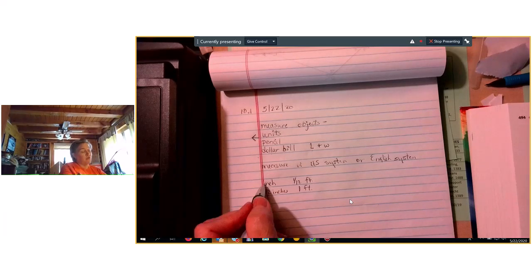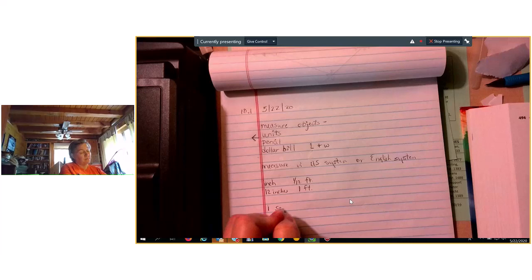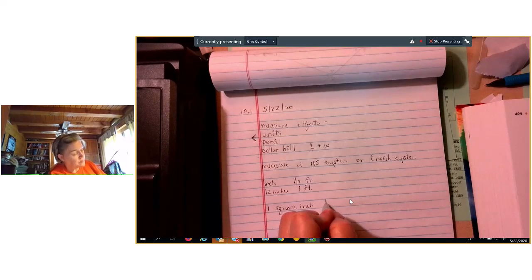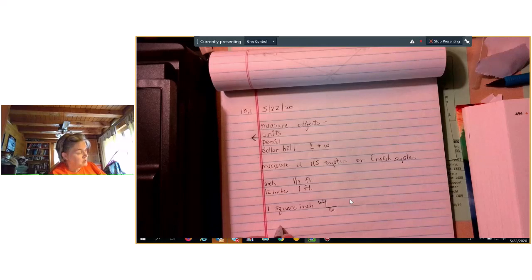Now, if 1 inch is 1/12 of a foot, what is 1 square inch? That means I've got an inch times an inch. So if this is 1 inch times 1 inch, then this is going to be an inch squared.